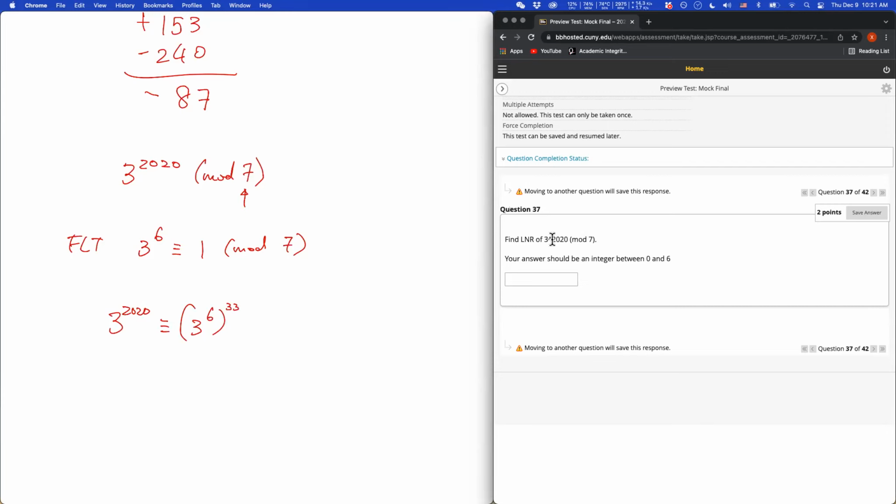It will give you 336, and it will give you a leftover of 3 to the 4th.